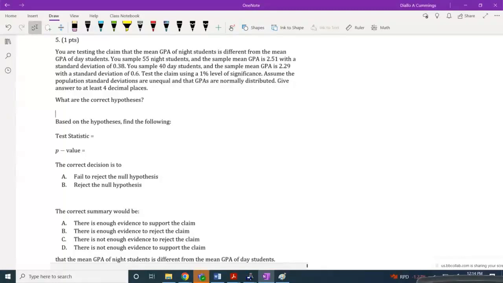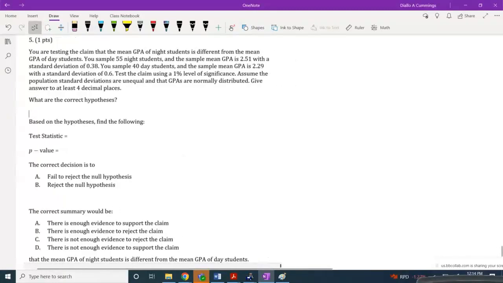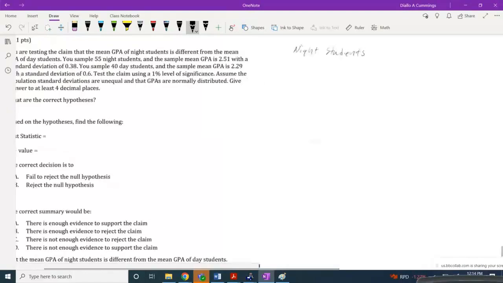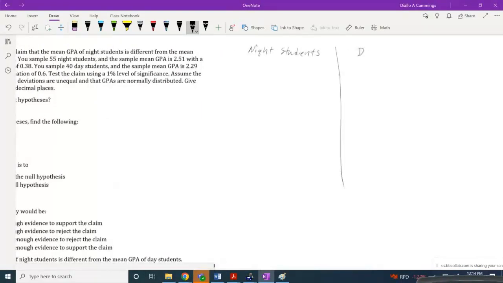and then we'll go through the rest of this. So we have 2 means we're dealing with. We have the night students and we have the day students. For each one, they give us information, and I'm going to call the night students group 1 and the day students group 2. So these little subscripts I have, X bar sub 1, that's the mean GPA of the night students.